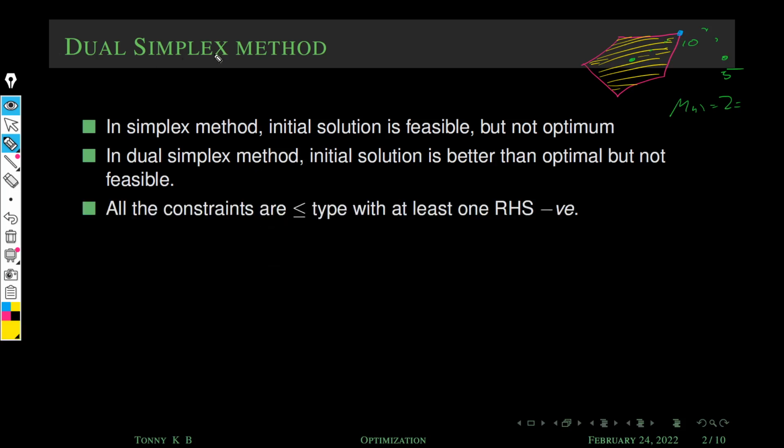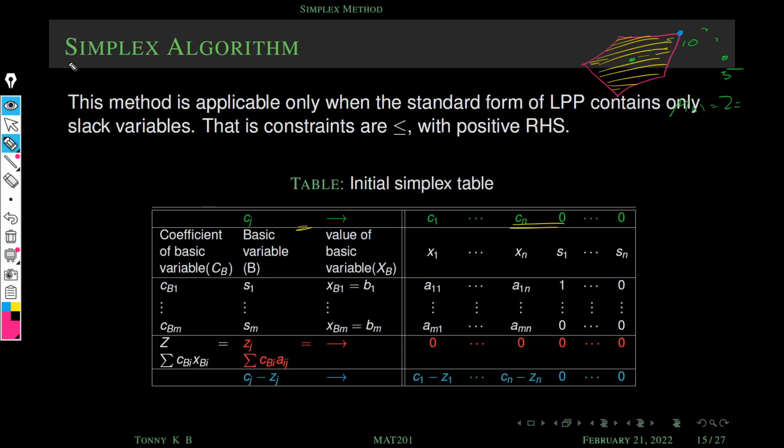Then there is a natural question: what is the advantage of the dual simplex method? The main advantage is that this method is applicable when all the constraints are less than or equal to, similar to our simplex method, but with one extra condition: at least one RHS is negative. In the simplex algorithm, the standard form contains only slack variables, that is, constraints are all less than or equal to with positive RHS.